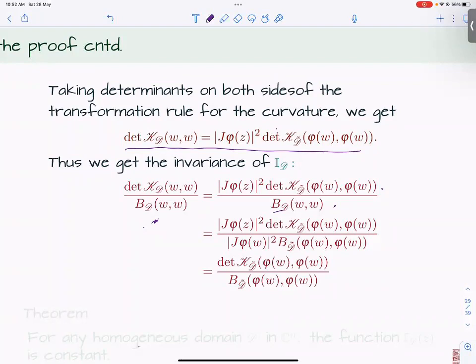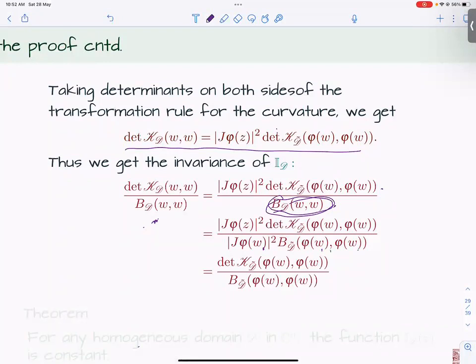Well, but that's the same as applying the transformation rule for this guy, then you find that that's the same as the determinant of the derivative absolute square and the Bergman kernel evaluated at (p(w), p(w)).